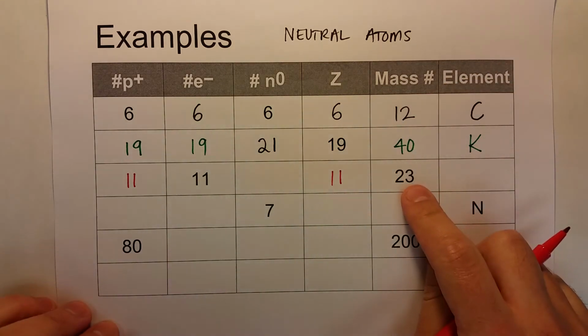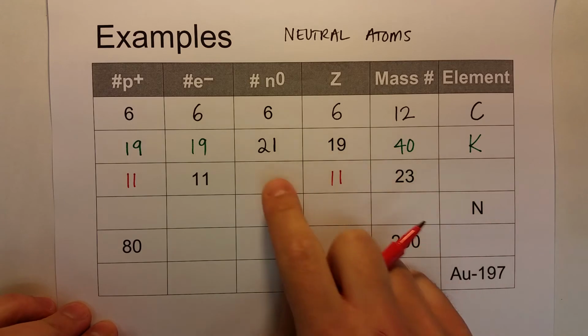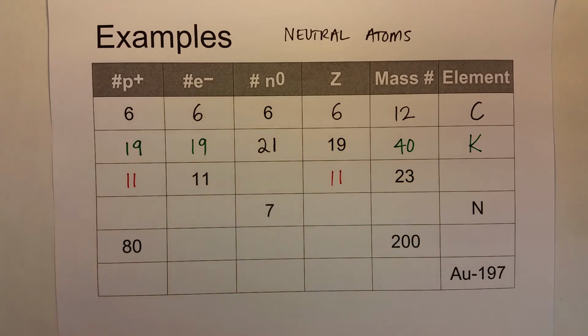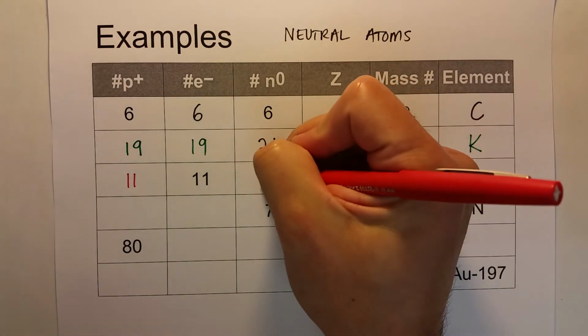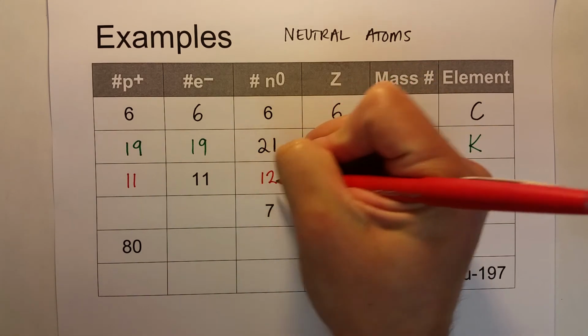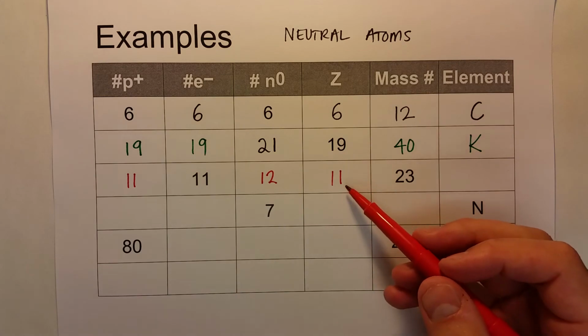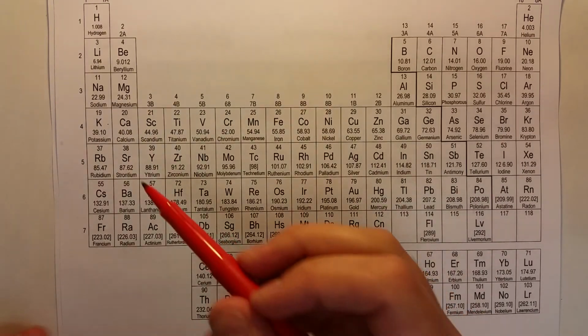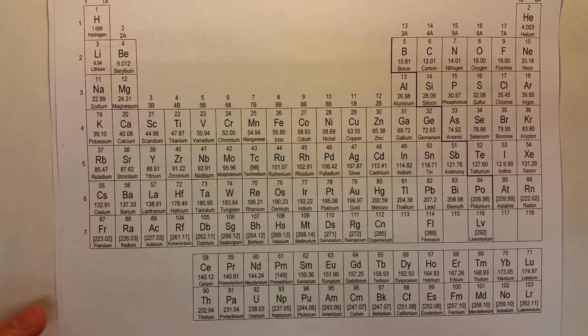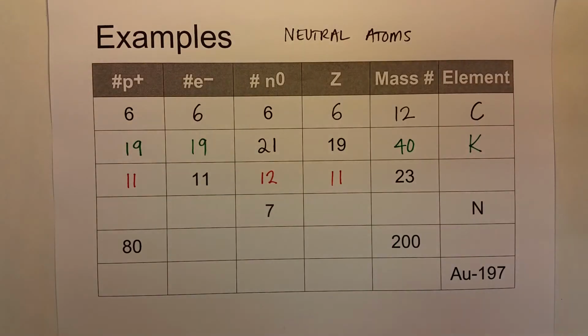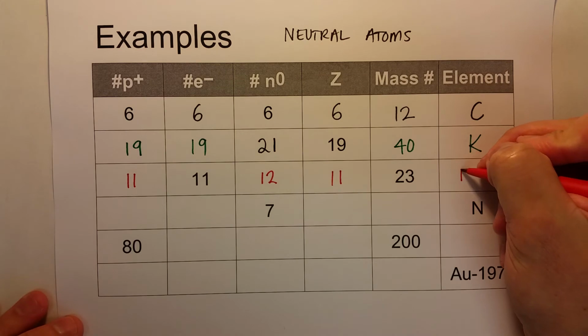The mass number gives us how many neutrons this element has: 23 minus 11 is 12. So with 12 neutrons and 11 protons, a mass number of 23. So what element is this? We look for element number 11, and that is sodium, which has an elemental symbol of Na.